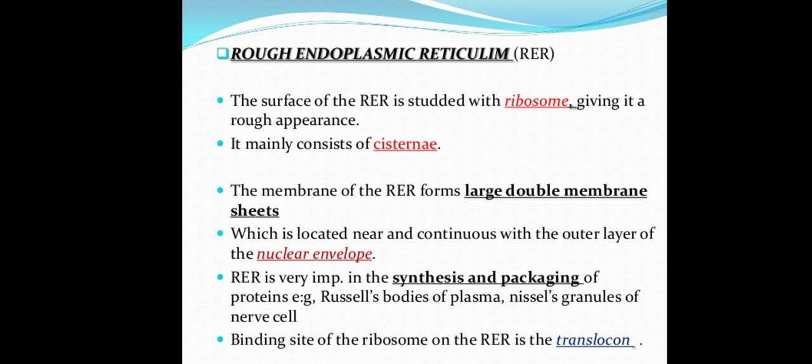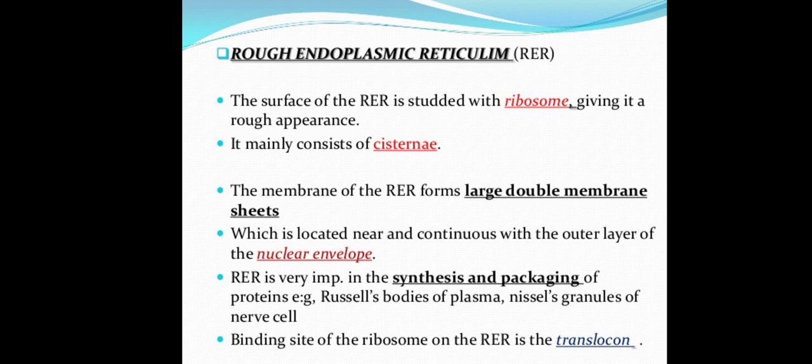It mainly consists of cisternae. The membrane of rough endoplasmic reticulum forms a large double membrane sheet. This type is also called granular endoplasmic reticulum. The binding sites of ribosomes on the rough endoplasmic reticulum are called translocons.